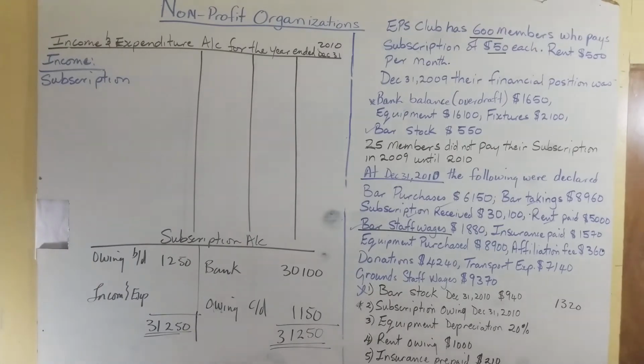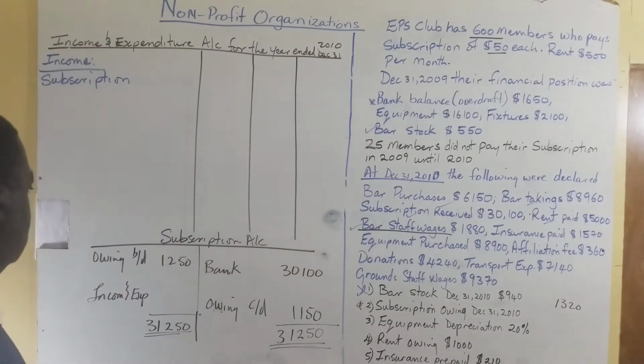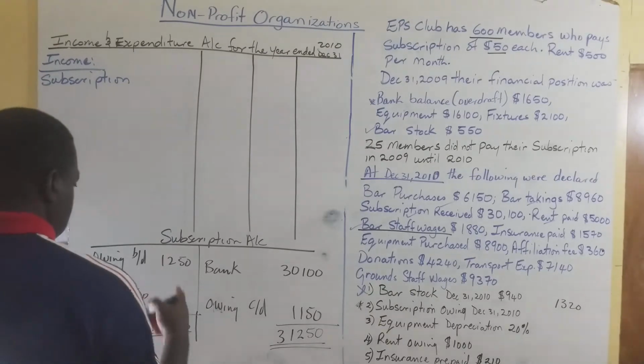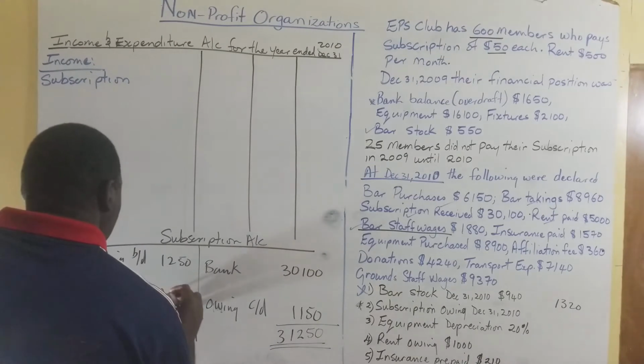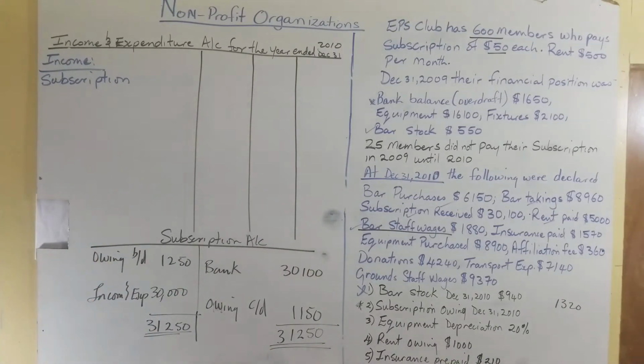Alright? Now how much should go? We're going to subtract this now from that. And if we subtract, we're going to have 30,000.